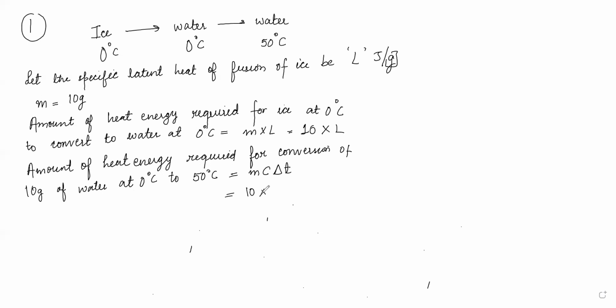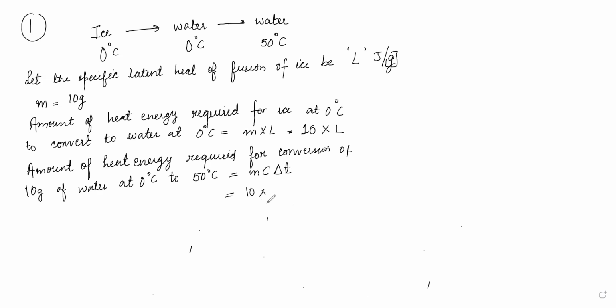So what are you going to write here? See children, in the question you have been given 4200. So what are you going to do? See, there are two things: either you can convert the specific heat capacity into gram, or you can convert the mass into kg.